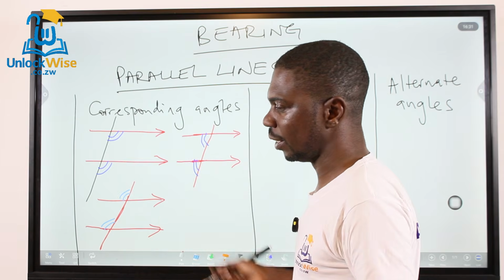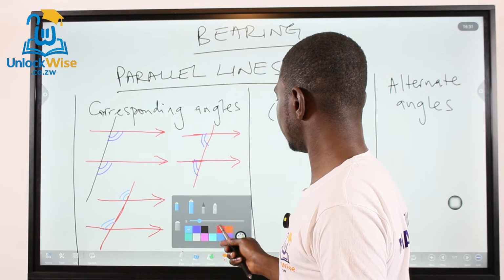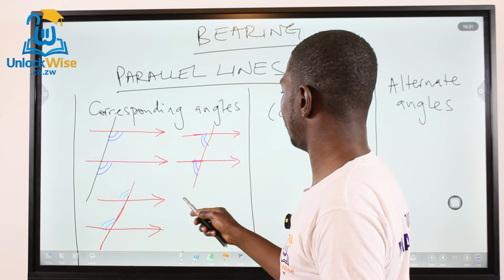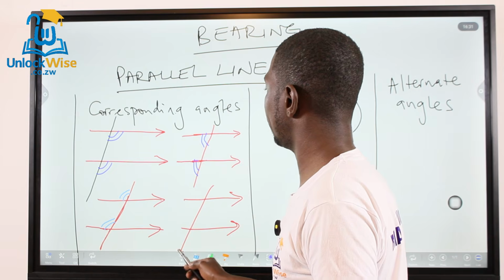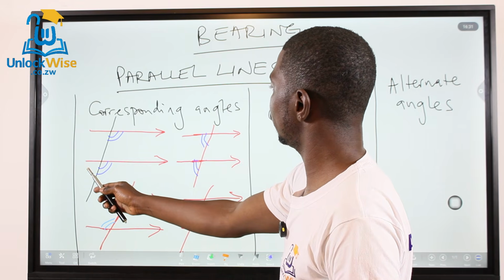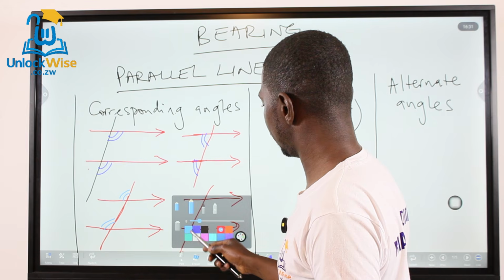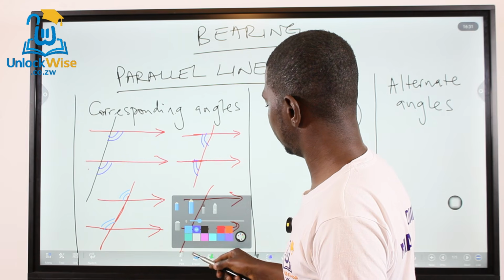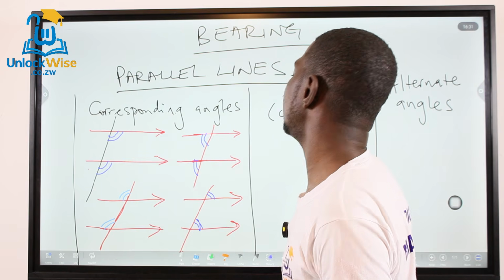I think you get the idea, you get the sense. Even if we do this, so we have it here, we have it here, and we can also have it here. This one and this one are equal.